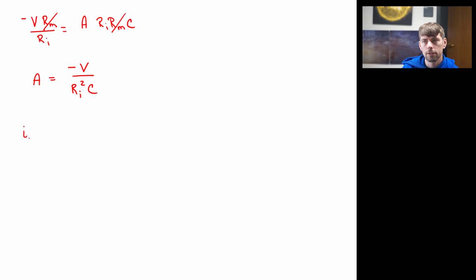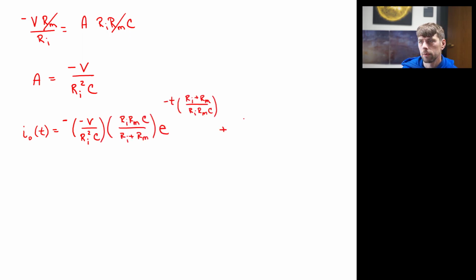So I naught of t, which was equal to negative A, so we have negative V over Ri squared C, plus B, V over Ri plus Rm. Cool, huh?